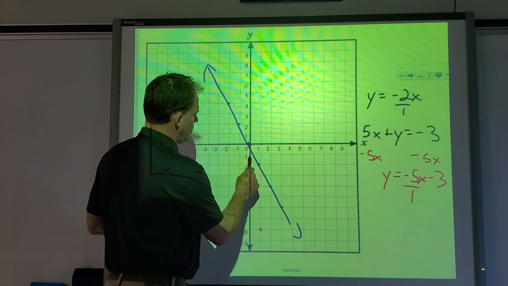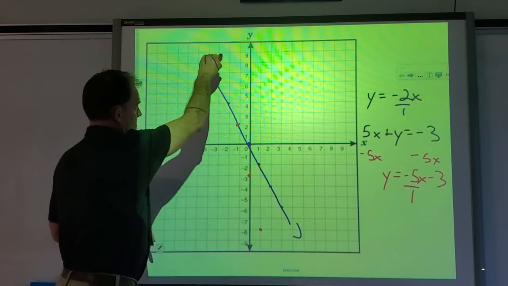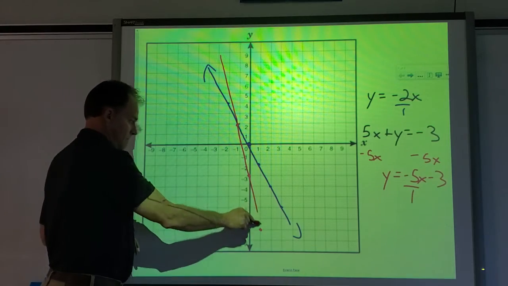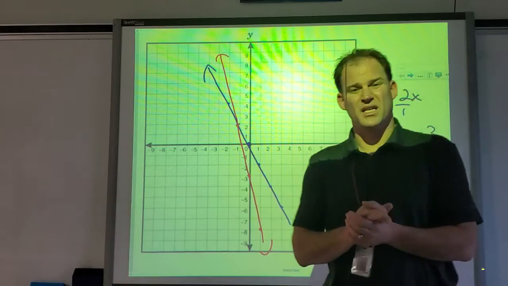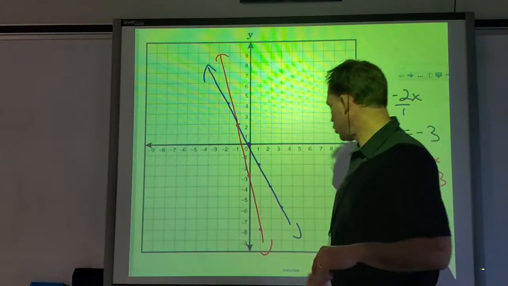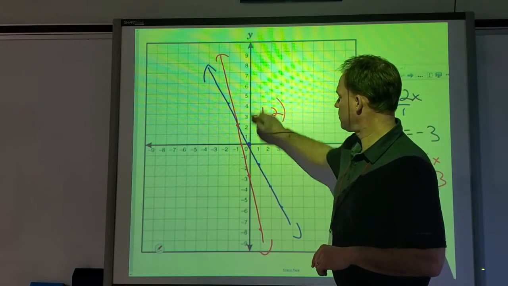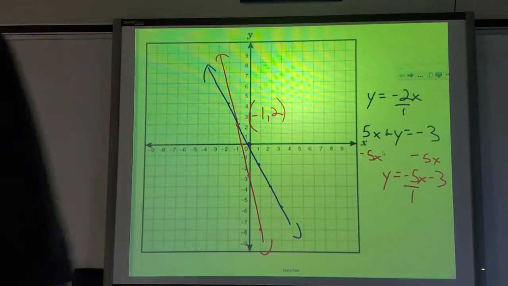The other way. If you're doing this freehand, that's going to be a tough one. Okay, good thing we're on Big Ideas. Where do the two lines cross? Right there. All right, you know the drill. Take your time. Ask questions.